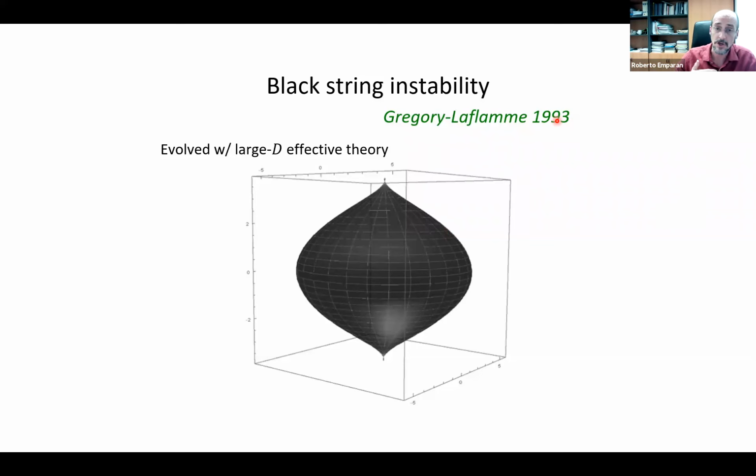Evolving this instability beyond the linearized approximation required a supercomputer calculation that Luis Lehner and Frans Pretorius completed, I think in 2011 maybe, by having a supercomputer running for 1 month. Now, in the large D limit, you can do it on your laptop in a fraction of a second. Of course, it doesn't capture all of the physics, but at least it captures the main features of this phenomenon.